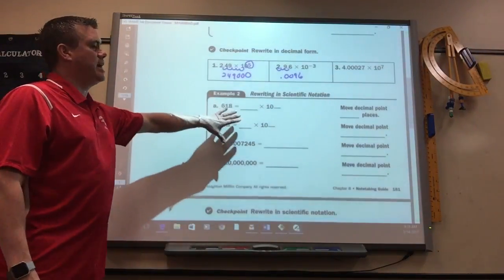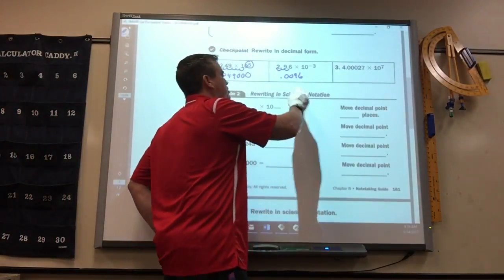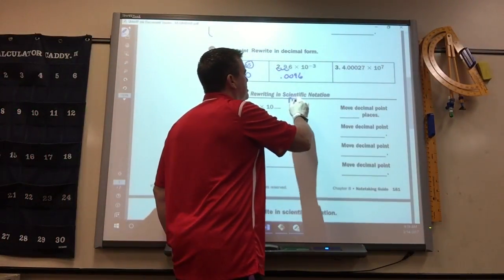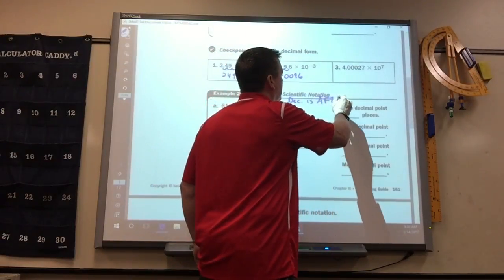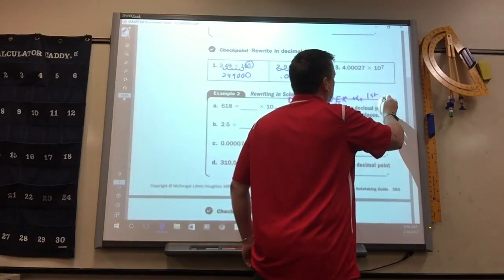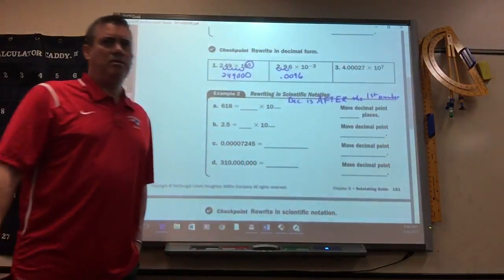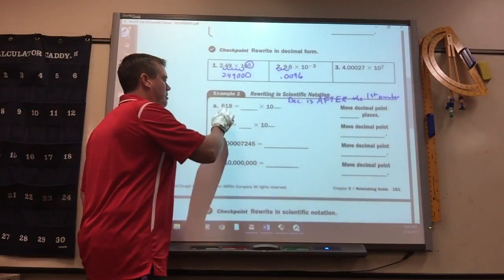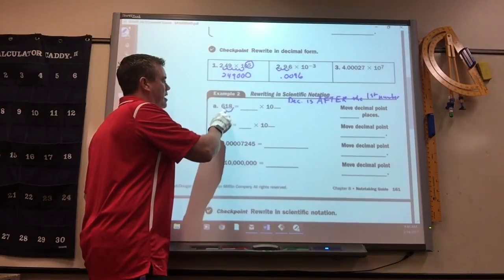Then, writing in scientific notation. Scientific notation has to be: the decimal is after the first number. So that's the whole rule. I've got to move it from where it is, and if it's not shown, it's at the end, to there.